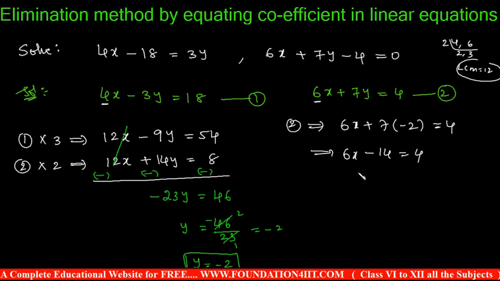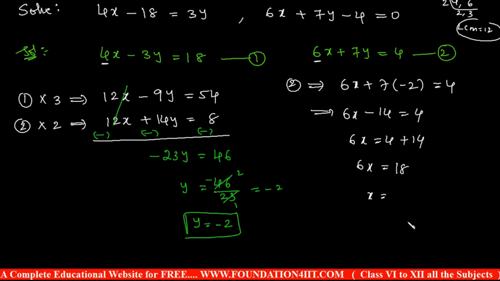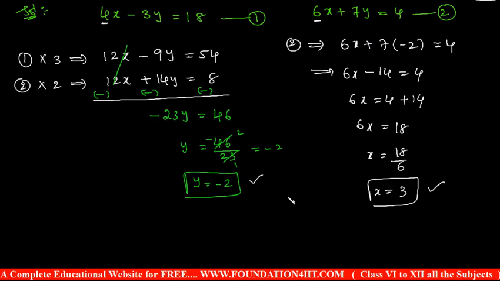Plus into minus is minus. 6x is 4 plus 14, minus 14 take to the right, plus 14. 6x is equal to 18, then x is equal to 18 divided by 6, x is equal to 3. Finally I got x is 3, y is minus 2. So these both values will satisfy the given equations.